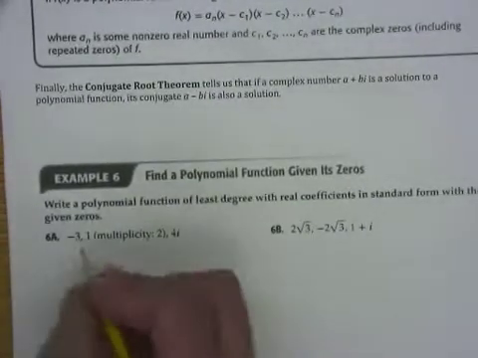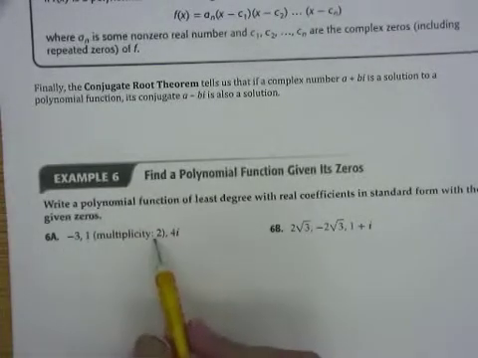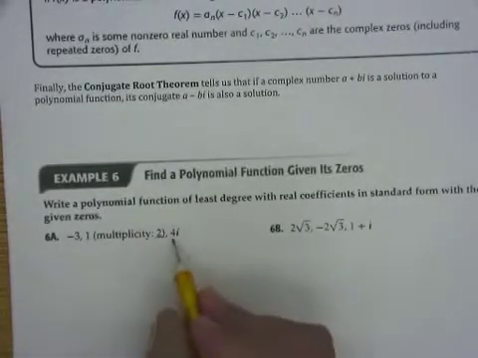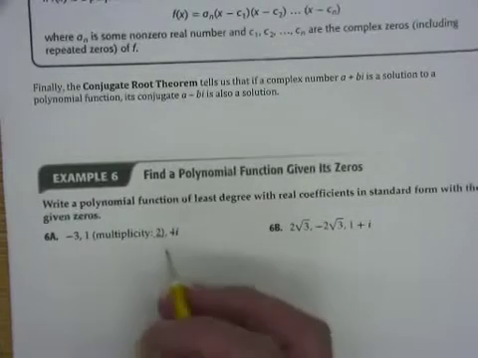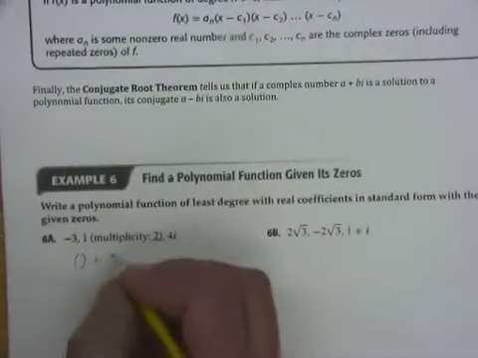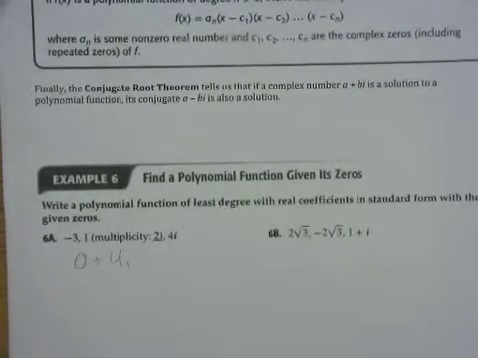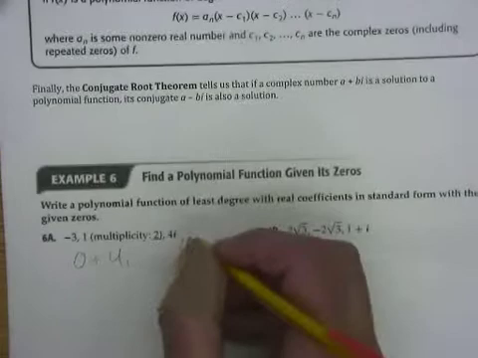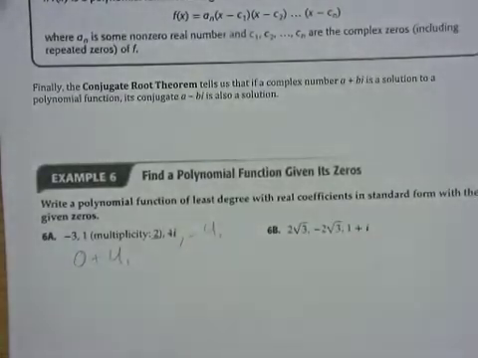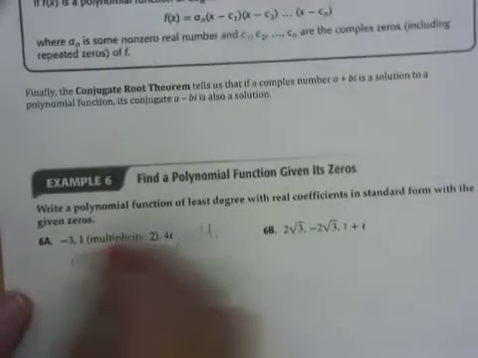So, for example, here, we know that -3 is a solution, that 1 is a solution with multiplicity 2, and we know that 4i is a solution. So realize that this 4i is equivalent to 0 plus 4i. And if 0 plus 4i is a zero, then -4i is also a zero. Now, they didn't give that to us, but we are expected to figure that out.